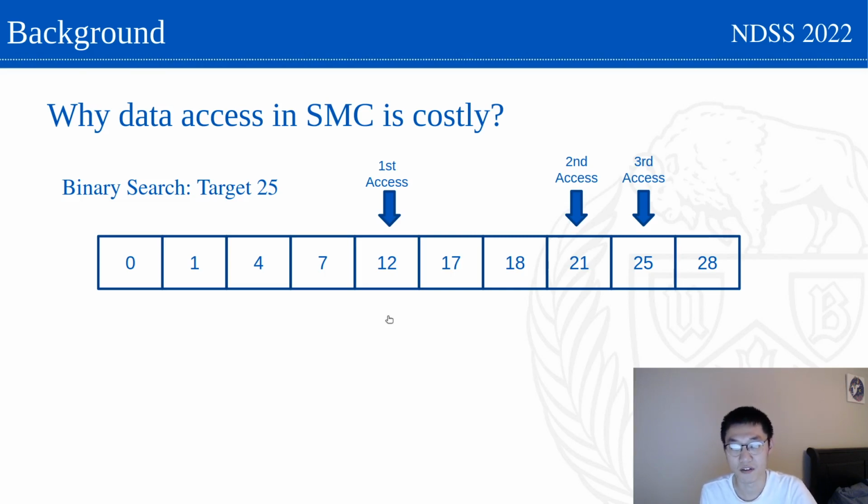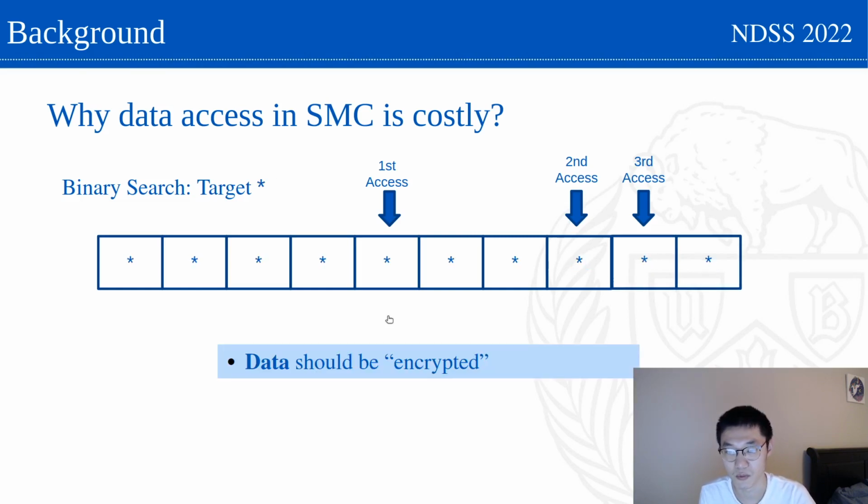So the problem here is, how can we do the binary search in an SMC scenario without leaking any information about the data? The first thing we can do is encryption. We could encrypt or protect the data and also the input target by using encryption or some other protection techniques.